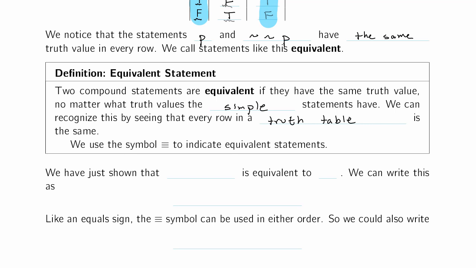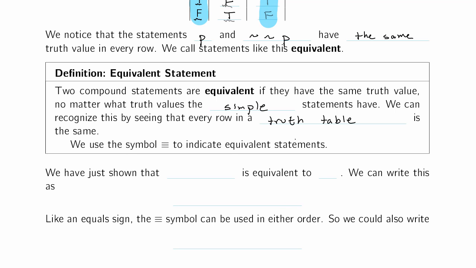We use this symbol that looks like an equals sign, but with 3 lines in it instead of 2, to indicate equivalent statements. Why? Because writing "is equivalent to" takes a long time.